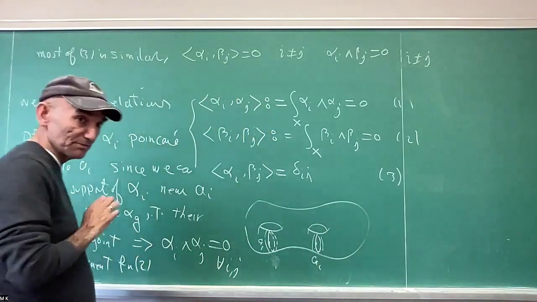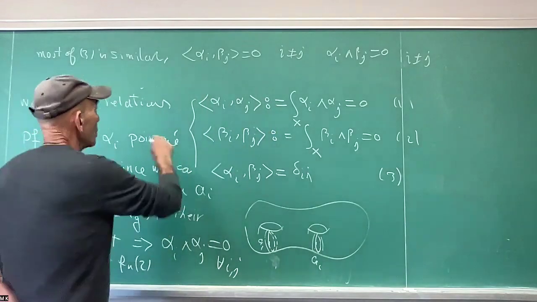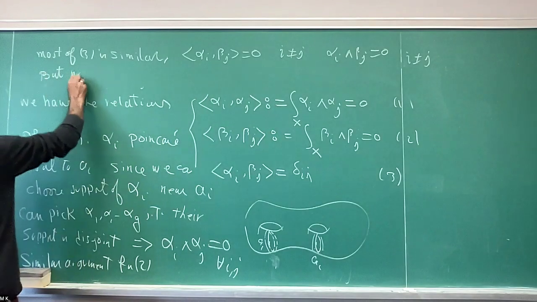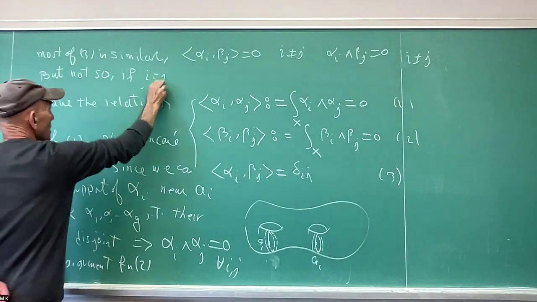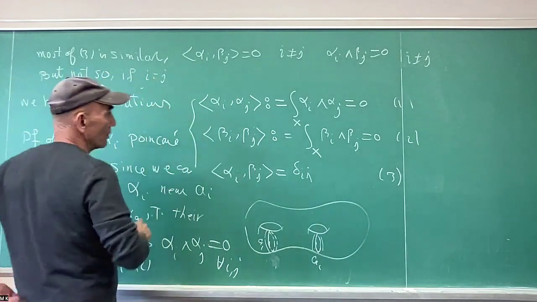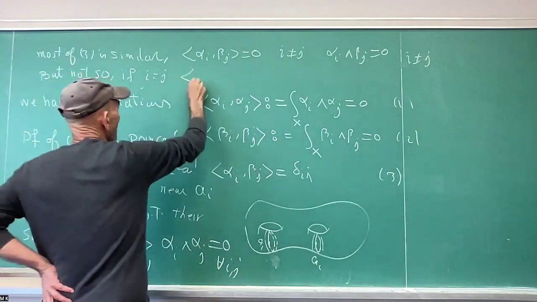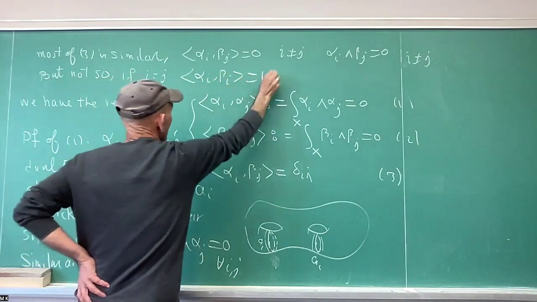The only thing that gives us difficulty is when I is equal to j. So we want to see why the integral of alpha I wedge beta I is equal to 1.